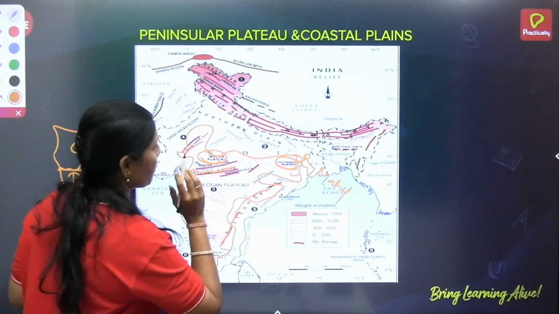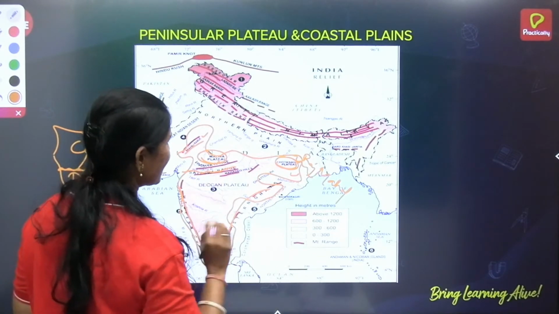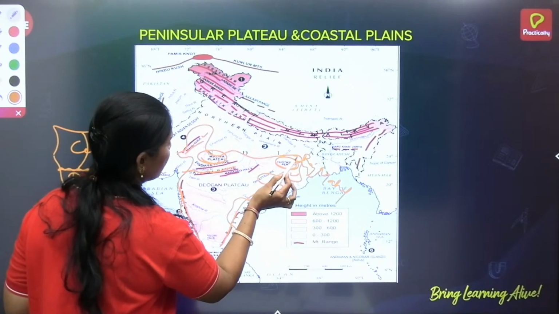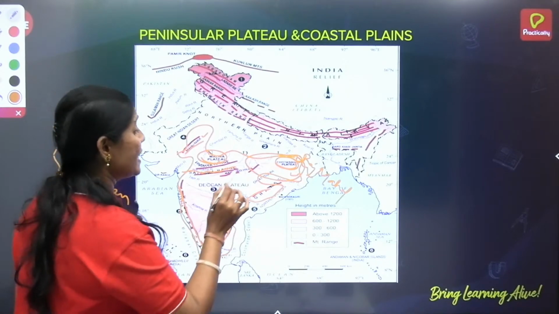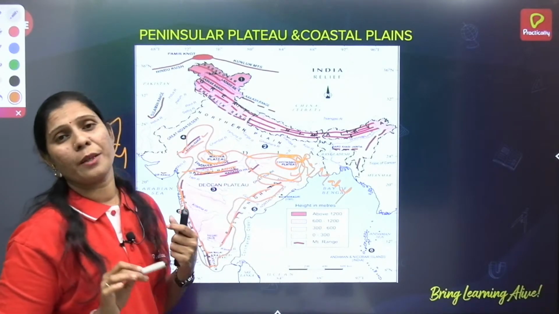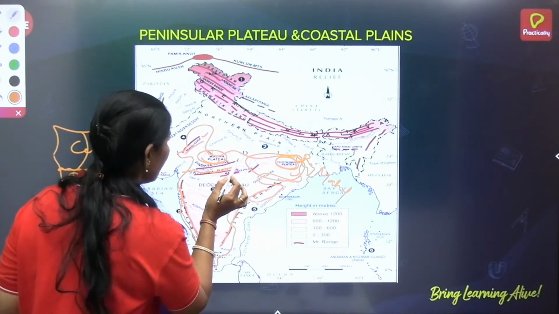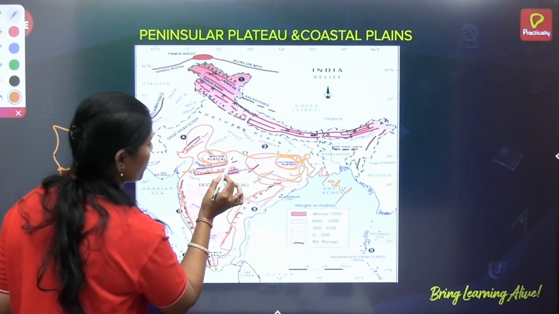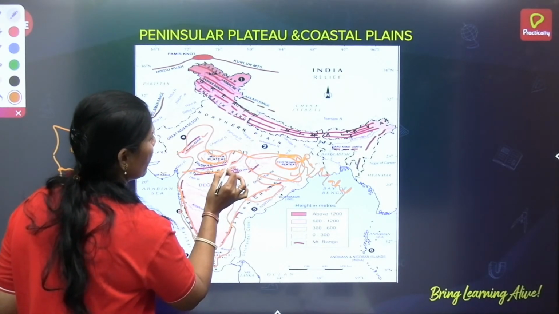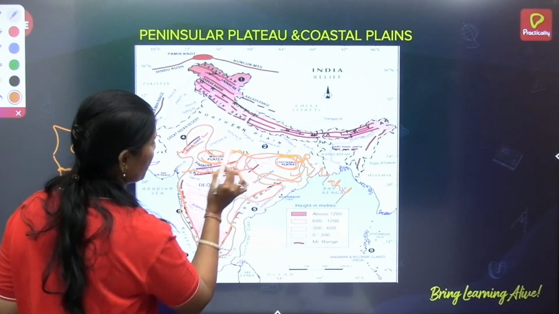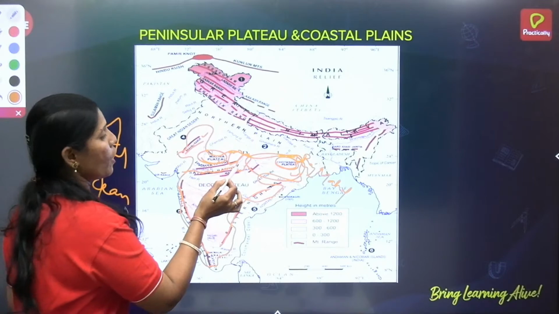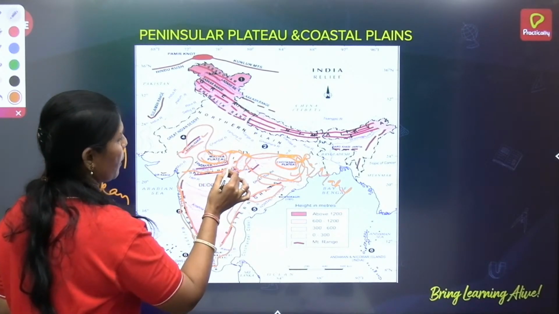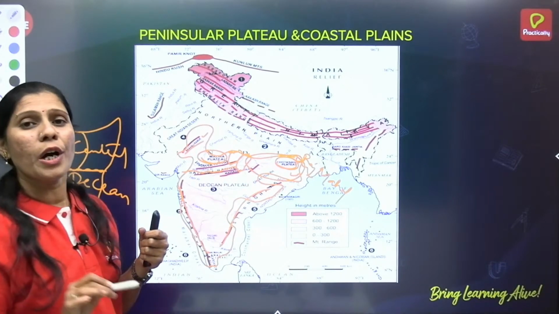Coming towards the eastern direction, we see the Chota Nagpur plateau, which is rich in minerals, and in between the Malwa and Chota Nagpur, small plateaus have been created. We call them the Bundelkhand plateau regions.